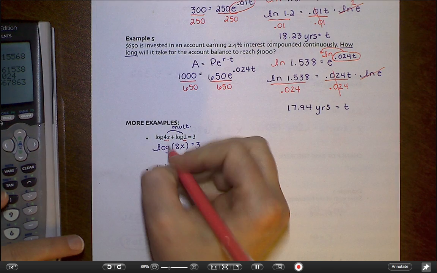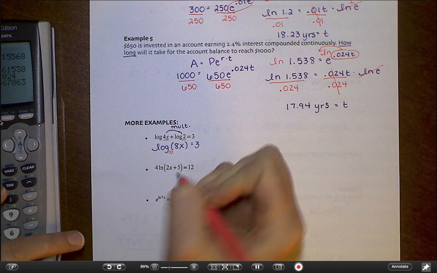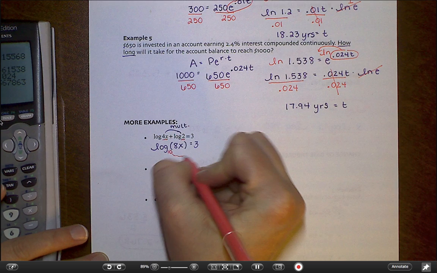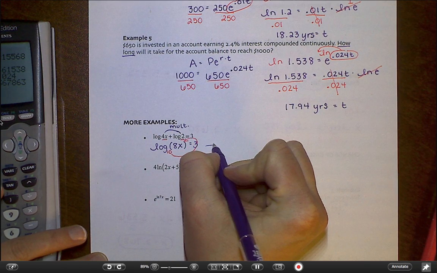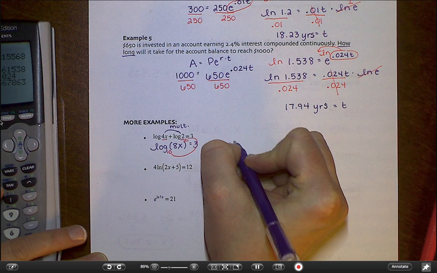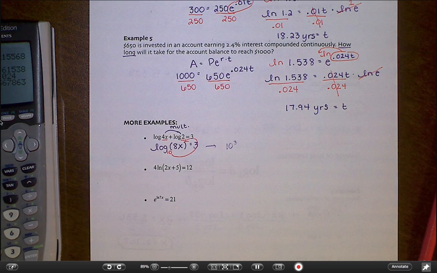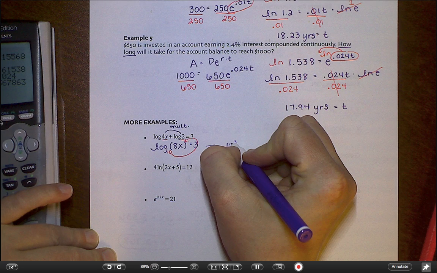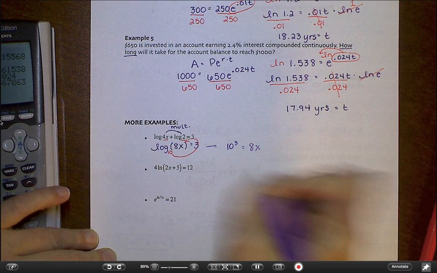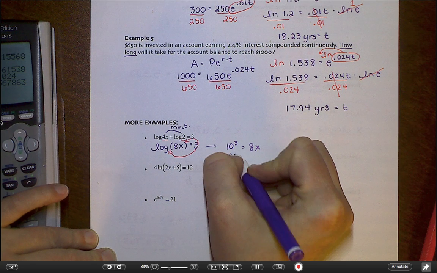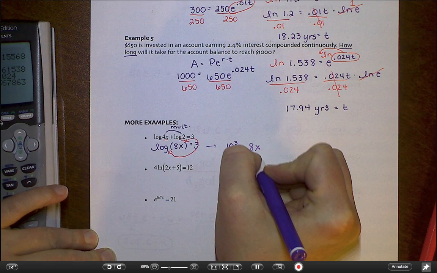And then I'm going to take this thing, I know it's a base 10 because there's no base written. I'm going to spin it around to exponential form. So that's going to look like 10 to the third power equals 8x. So 10 to the third power I know is just 1,000 equals 8x.